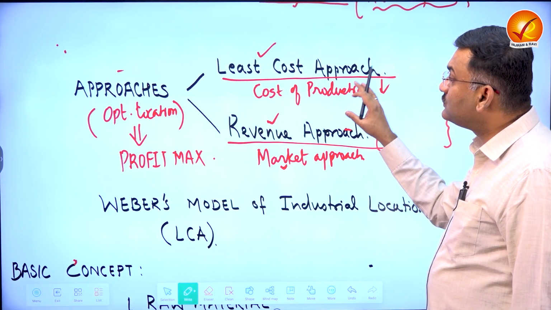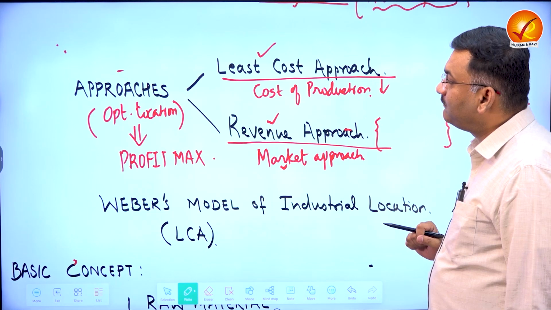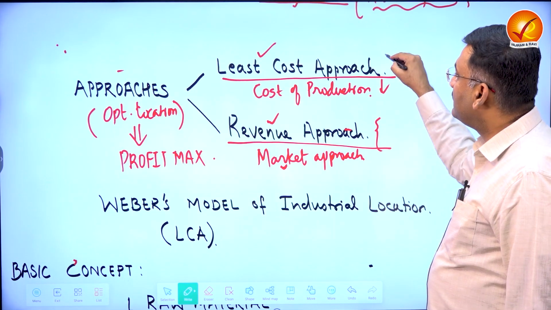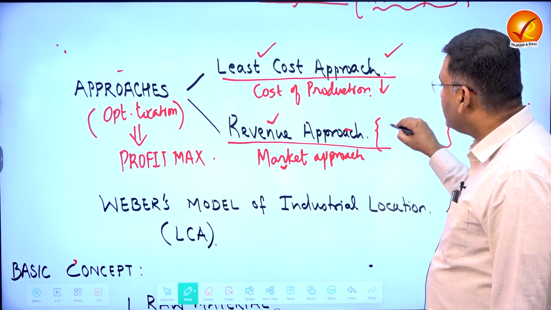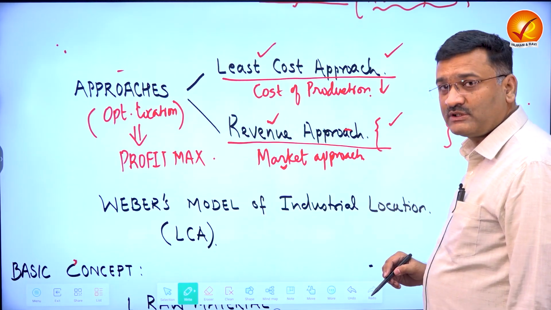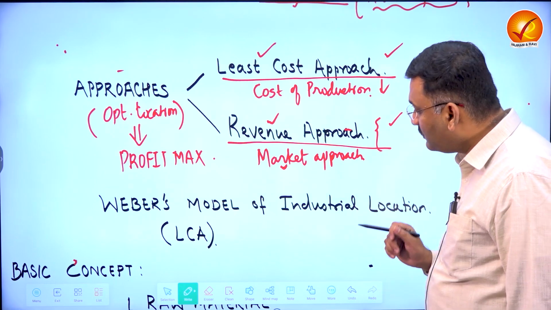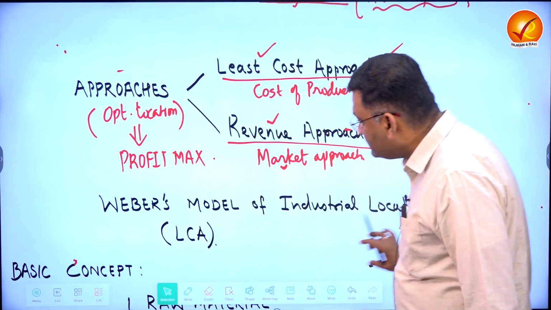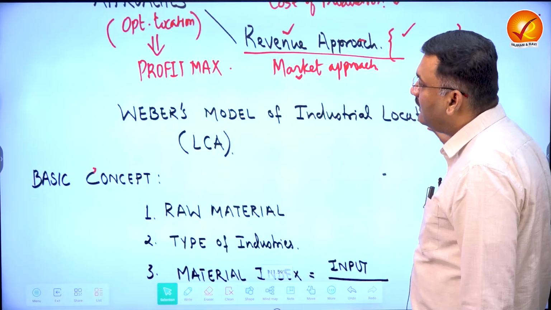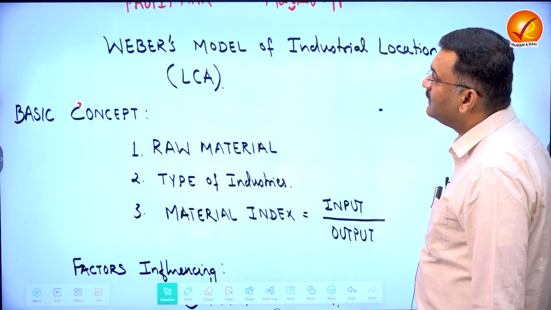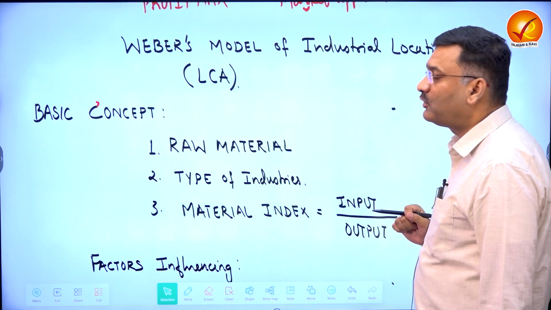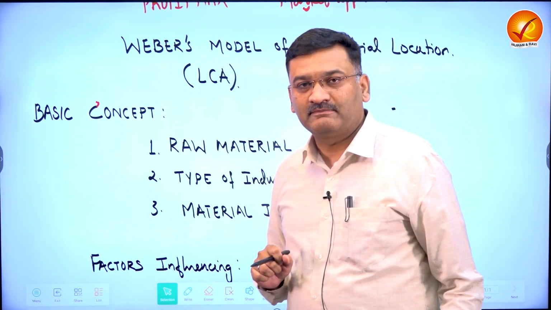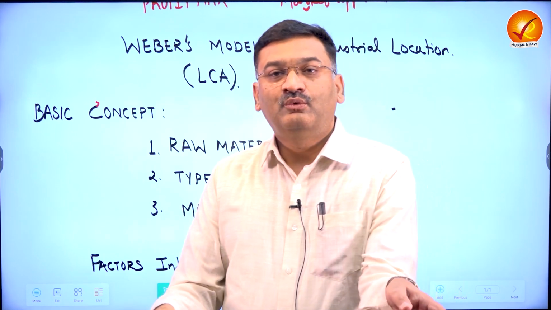So there are two schools of thought related to profit maximization. The first is the least cost approach, which focuses on cost of production, and the second is the revenue approach, which focuses on the market. Now, what is there as a model? We have one model in your syllabus related to industry, known as Weber's model of industrial location, given by Alfred Weber.